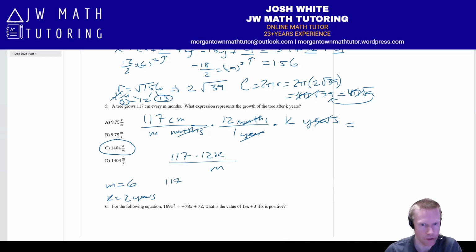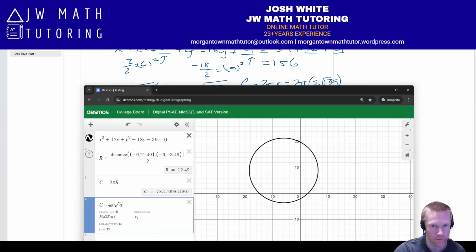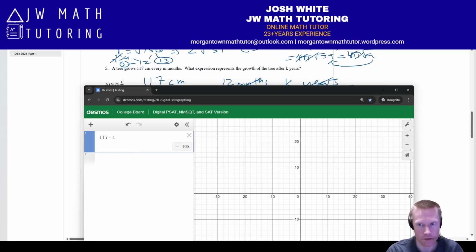That's like 117 plus 117, this is year 1, and then 117 twice again, this is year 2. So after 2 years, I would expect this tree to have grown, you can just add these all up, 468 centimeters. Let's just confirm that. Yep, 468 centimeters.